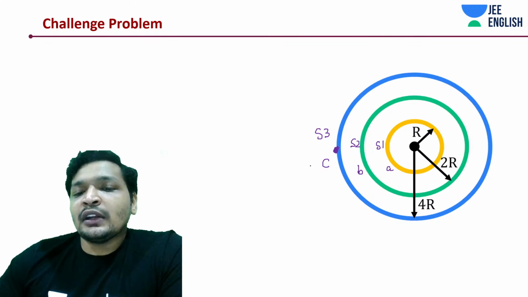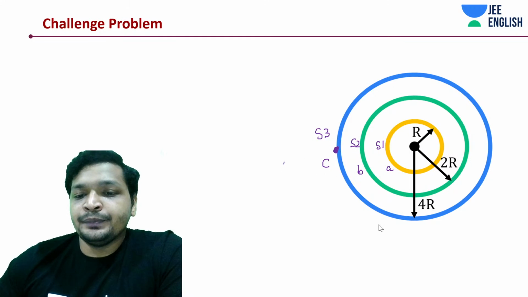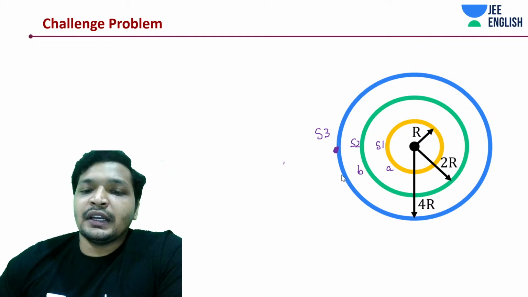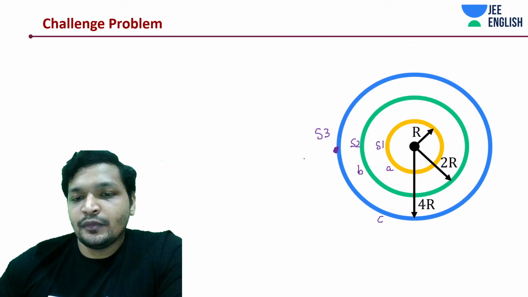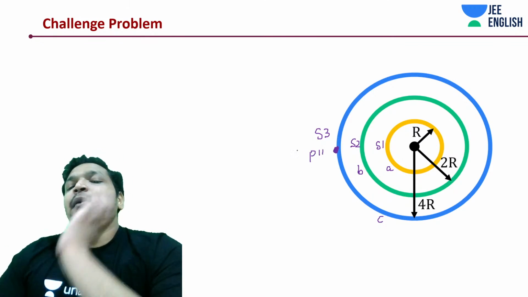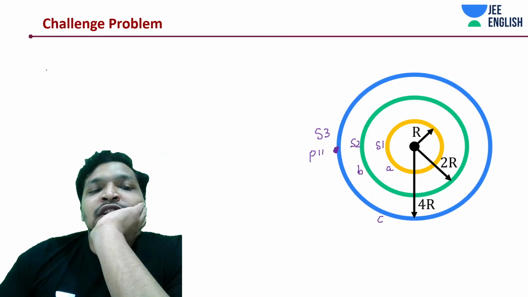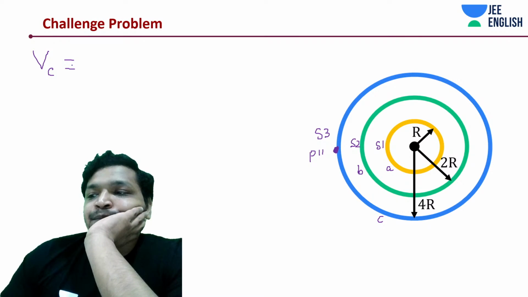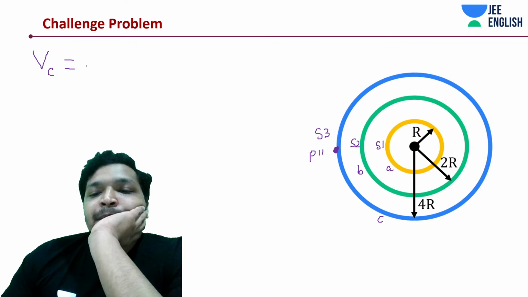So now I need to calculate at this point, let's give it a name as P double dash. Now I have to calculate on P double dash. At point P double dash, it is the same as the potential on surface C. And what all would come up?